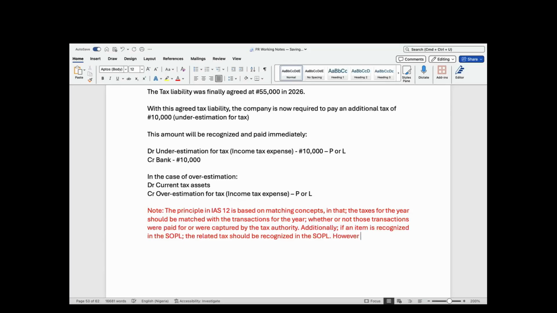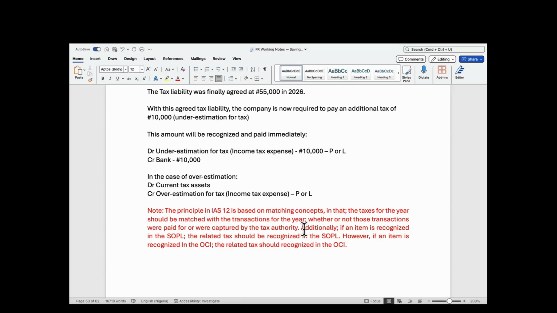However, if an item is recognized in the OCI, meaning other comprehensive income, the related tax should be recognized in the OCI.